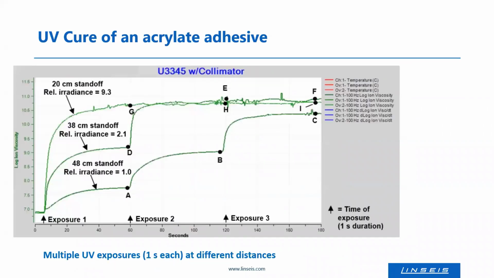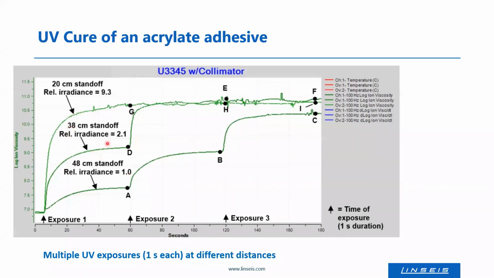You can do multiple exposures with different distances. Here is an example. The upper curve was with a small distance of 20 centimeters of the light source to the sample. Then only one UV light exposure is necessary to cure the sample completely.